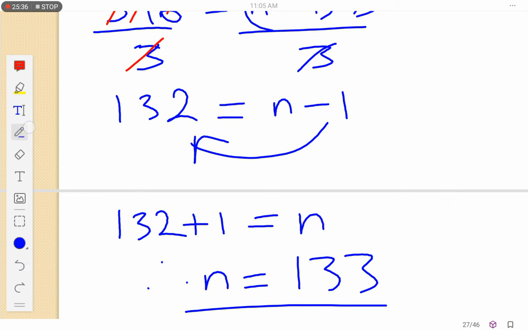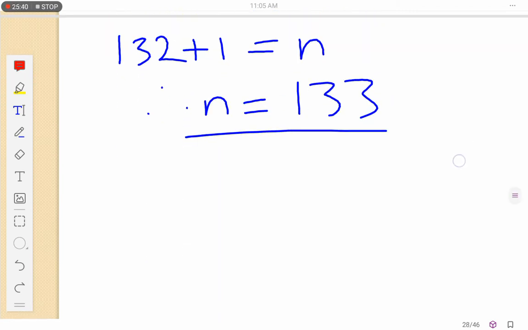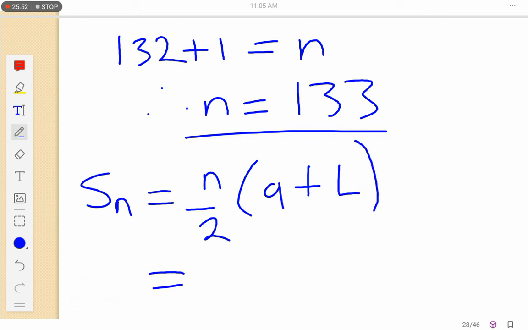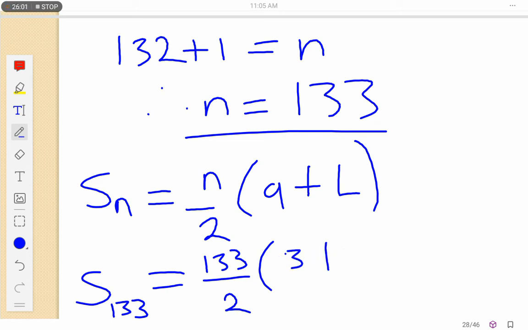Okay, having 133, we can now go to our equation. The summation of n terms is equal to n over 2. We know the last term, so we've got a plus l. Last term we know, so we can substitute. Our S of 133 terms is equal to 133 over 2 by 3 plus last term 399.